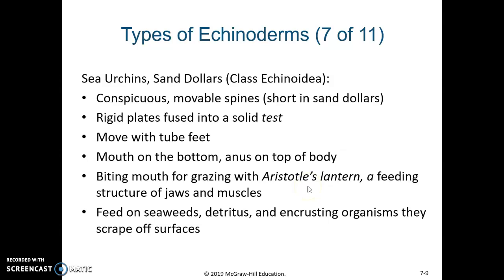Okay, so our next coloring sheet is of the sea urchins, and then it has the sand dollars in there as well, and then our sea cucumber as well. But right now for the sea urchins, looking at the drawing at the top right side, sea urchins as well as sand dollars are very conspicuous.